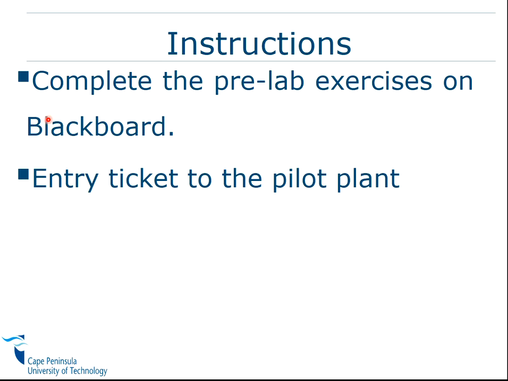And these exercises will serve as an entry ticket for you to the pilot plant. So in the pilot plant, you should already go there having done calculations. You should know how the calculations work and how the Pearson square works in principle.